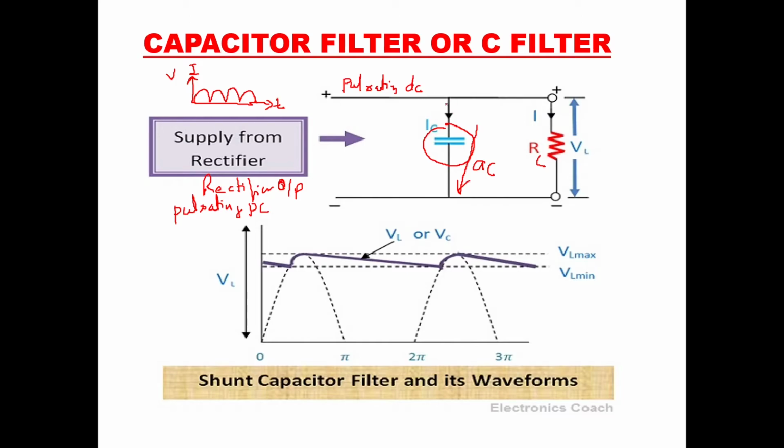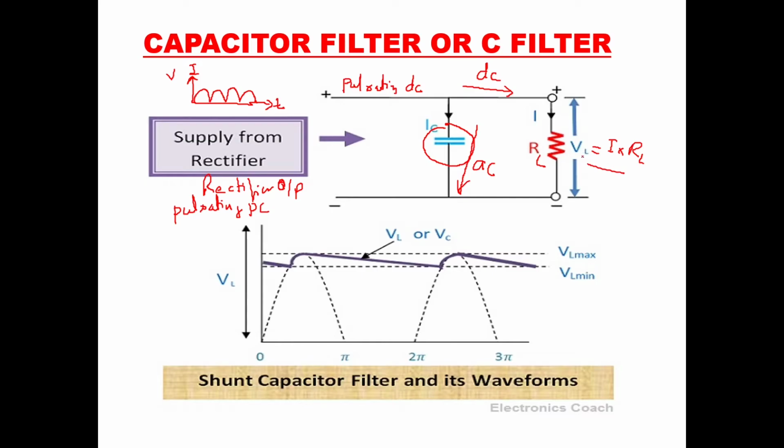So from this pulsating DC, the AC component passes to the ground, and what remains is a pure DC which reaches the load. That DC, I into R, gives you this voltage VL, which is nothing but I into RL. This is the pure DC you get at the output here.